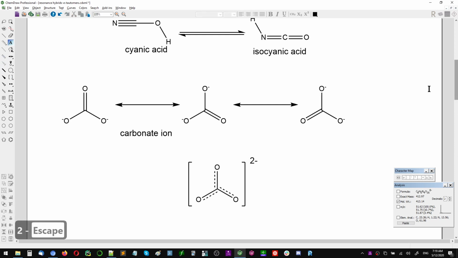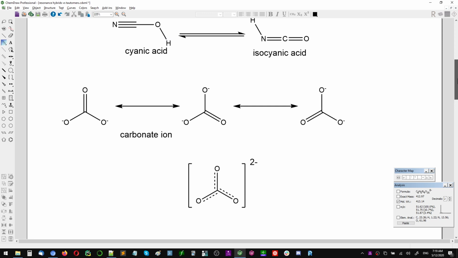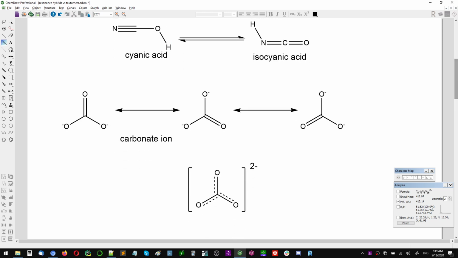I'm sure there is a way. Sadly, ChemDraw doesn't have a double bond, triple bond with a dash. So, for example, if I wanted to make cyanic acid, I would have to do it like this.